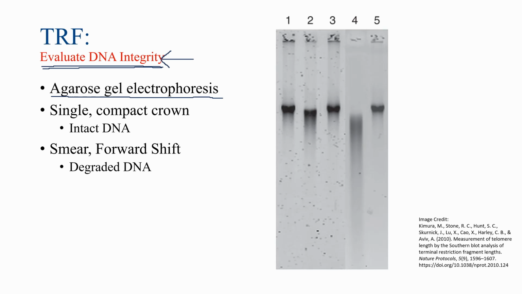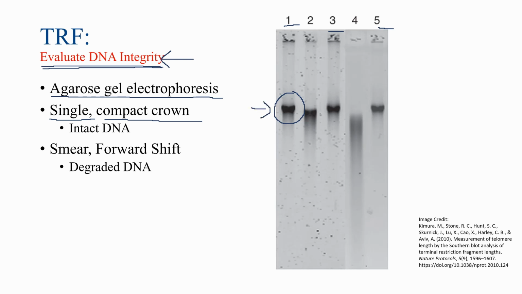Now, intact DNA will appear on an agarose gel as single compact crown bands. So, for example, you can take a look here at lanes 1, 3, and 5. In lane 1, for example, you have a crown-shaped band.